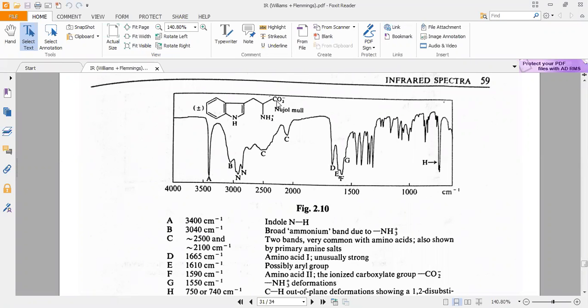Look at the carbonyl. The carbonyl appears at 1665, carbon-oxygen double bond. Why does this appear at a lower value? Because here there is no oxygen-hydrogen. The oxygen here is negatively charged, so it can donate electron density more easily. The carbon-oxygen double bond is in conjugation with O negative, which can easily donate an electron pair.